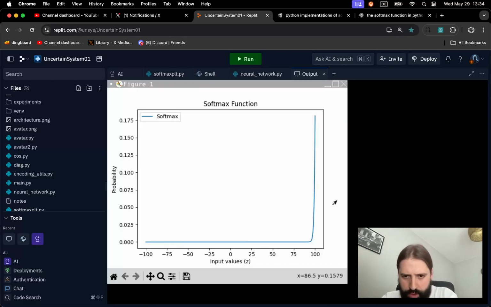It doesn't show. That's not really softmax, right?